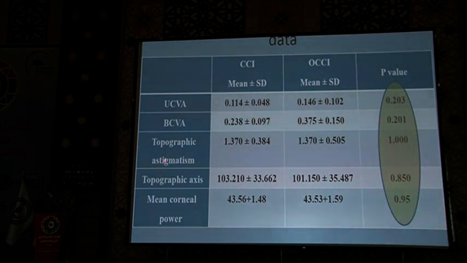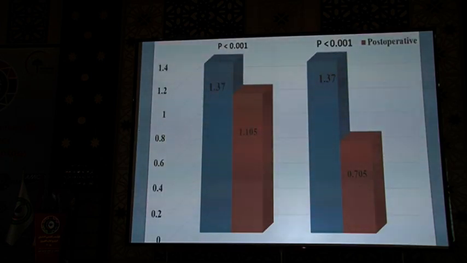All other parameters, preoperative best corrected visual acuity, topographic astigmatism, and corneal curvature, are the same in both groups. You can see that the mean astigmatism in both groups initially before surgery is 1.37. It decreased to 1.1 in the control group, and it decreased more to 0.7 in the opposite corneal incision group.